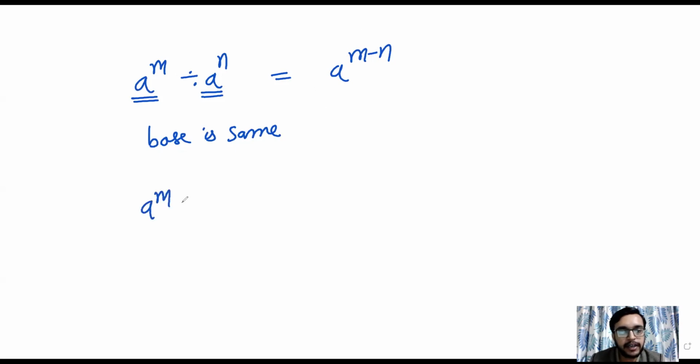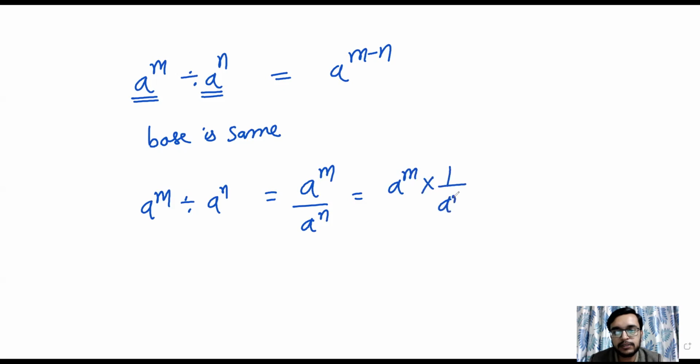A raised to power m divided by a raised to power n is written as a raised to power m upon a raised to power n, that is a raised to power m into 1 upon a raised to power n, which is in the reciprocal form.